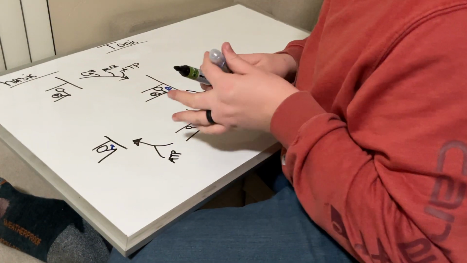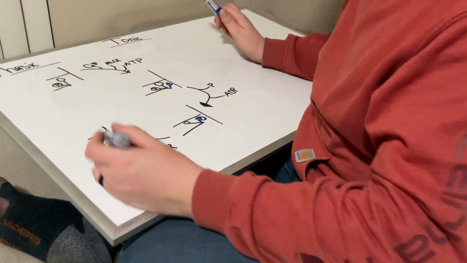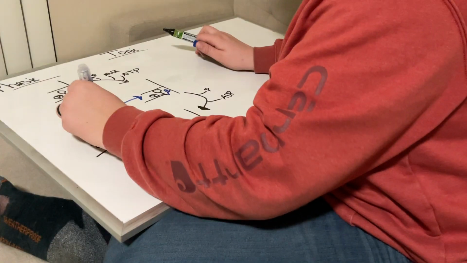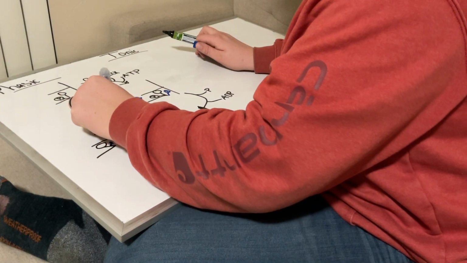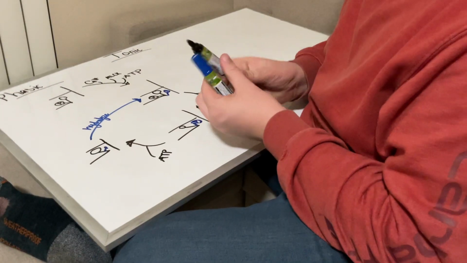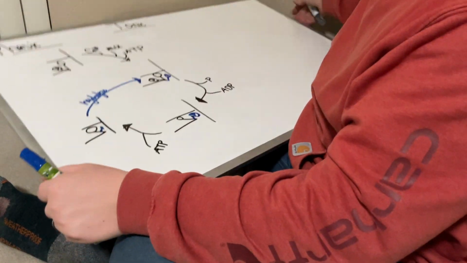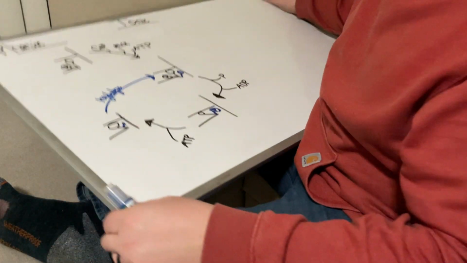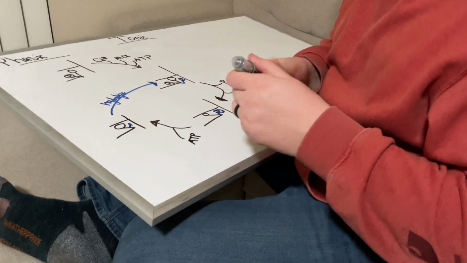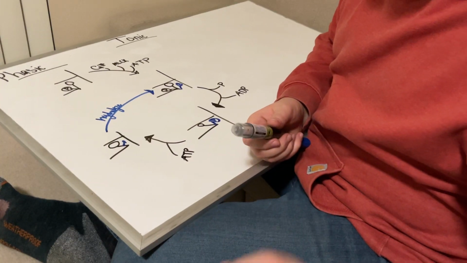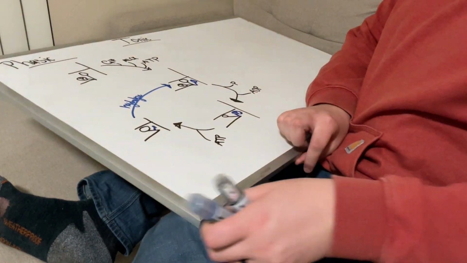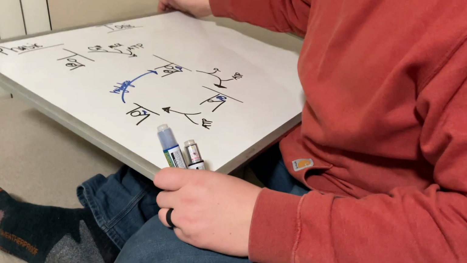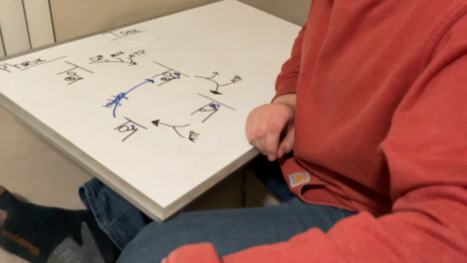But something that's unique with muscle cells is that we can just go straight in to hydrolyze the ATP. So we can maintain contraction for longer periods of time without fatiguing as easily.